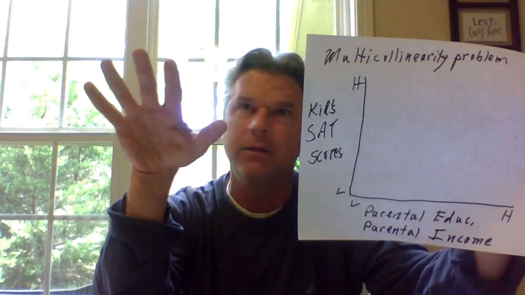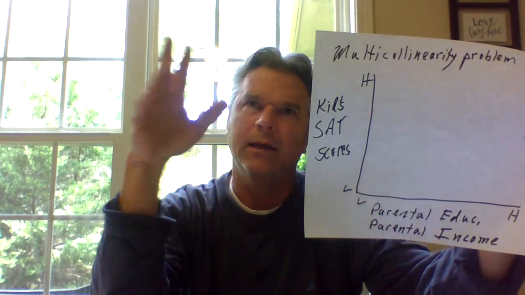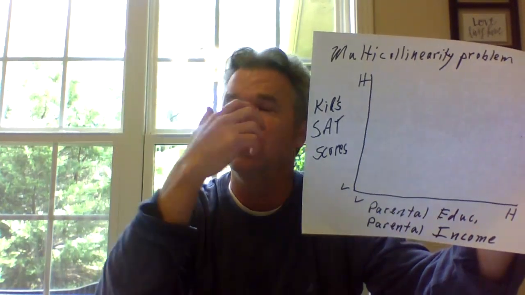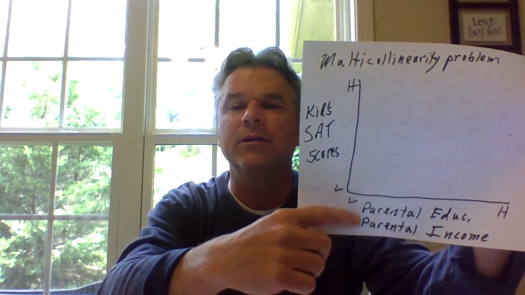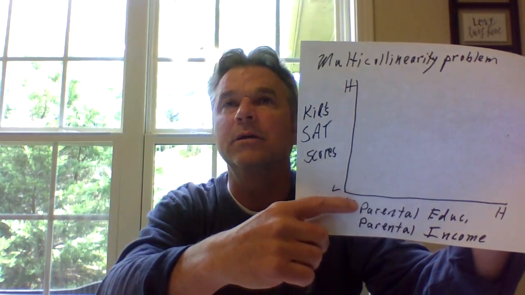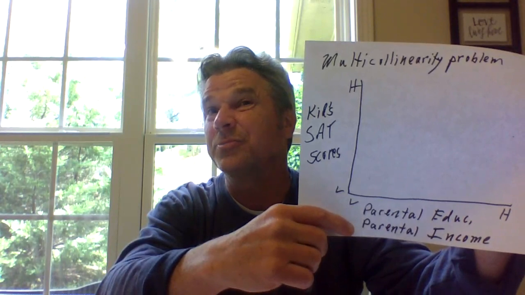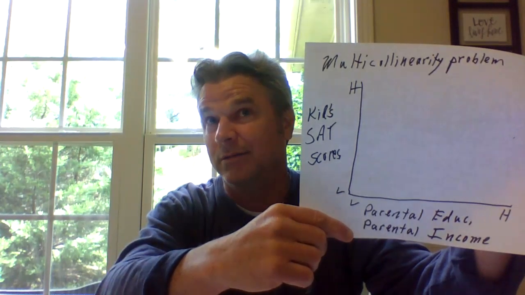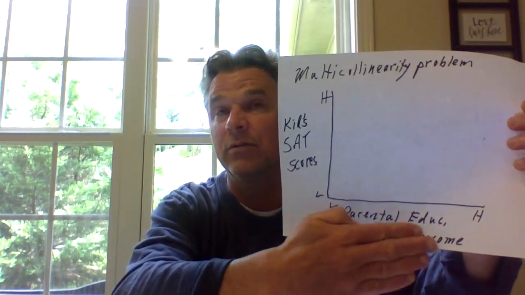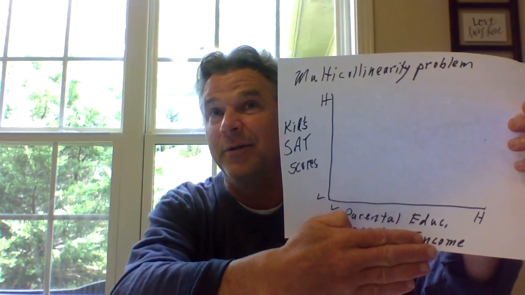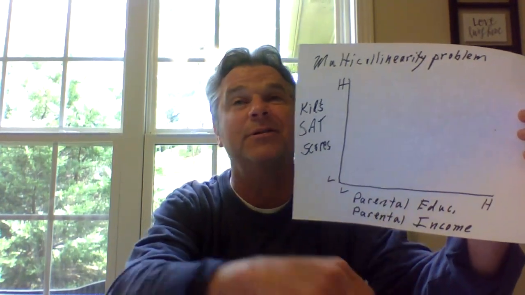Here's one more thing you can do, and it's kind of a no-no. Another thing you can do is run an underspecified model, right? So just leave parental income out. That seems a little cowardly though, doesn't it? Well, absolutely.